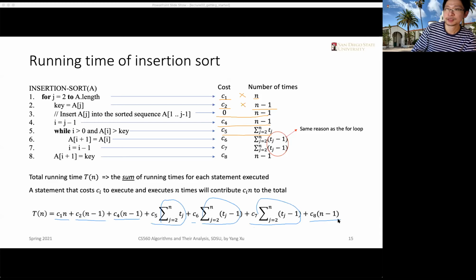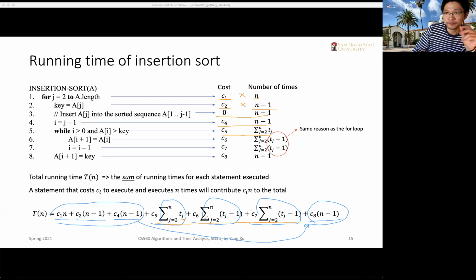Okay? So it looks complex, but actually it can be simplified because you see these are just the linear terms which can be combined with these terms. And the thing is that we don't know about TJ yet, so these are what we're going to deal with, right?